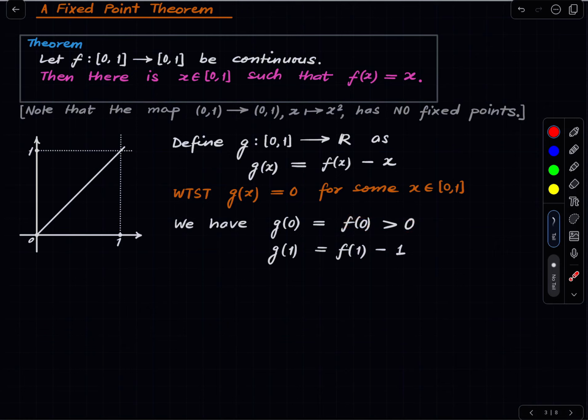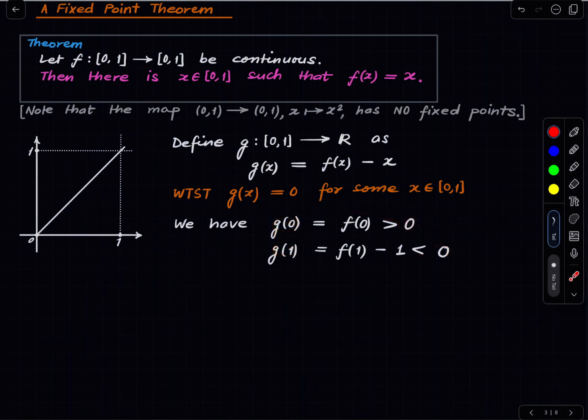Alright, similarly, if f(1) equal to 1, then we were done. So we may assume f(1) is not 1, but then f(1) has to be strictly less than 1, and hence g(1) has to be strictly less than 0. Okay? But now g is a continuous function which takes a positive value at 0 and a negative value at 1.